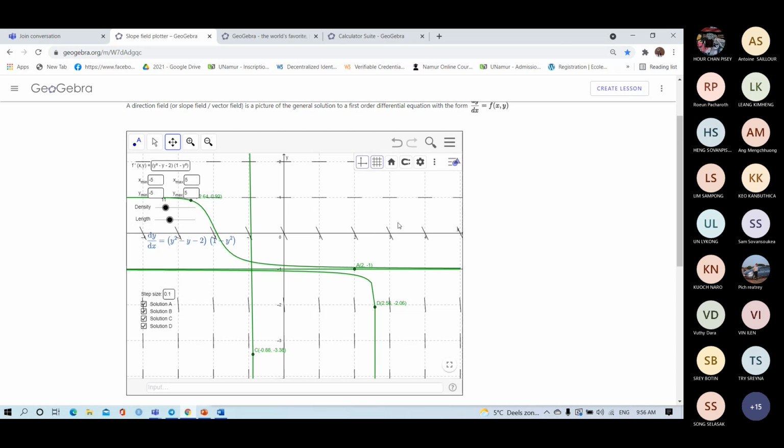When our value equals minus 1, one tries to leave and one tries to reach, right? Minus 1 is a kind of semi-stable.